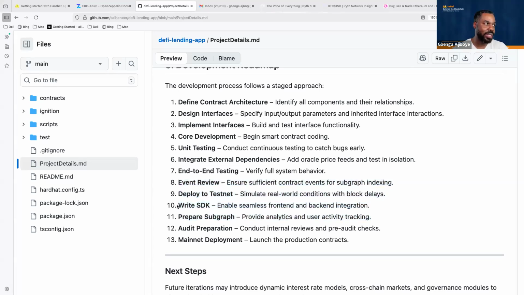And then also write the SDK. By the time we get here, I'm hoping that you are somewhat comfortable with TypeScript, because I'll be writing a TypeScript interface, which is like a TypeScript copy of the smart contract, so that a front end can talk to it as well as a back end.